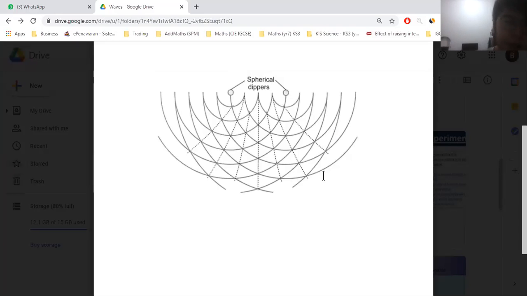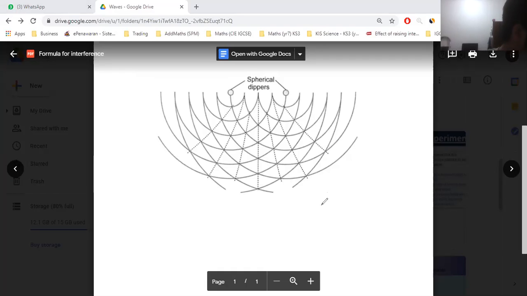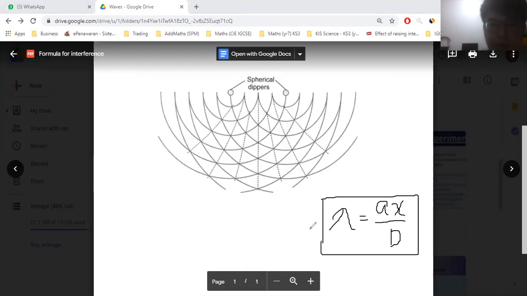Okay, now the formula for interference. Lambda 等于 ax over d. 只有一个罢了，就是这个。Lambda = ax/d.